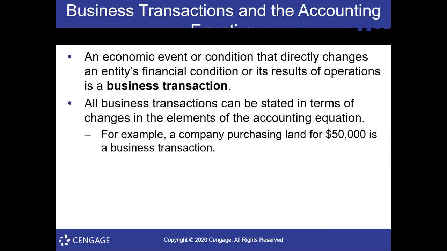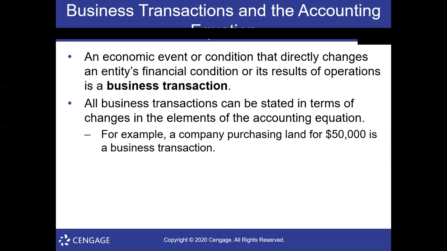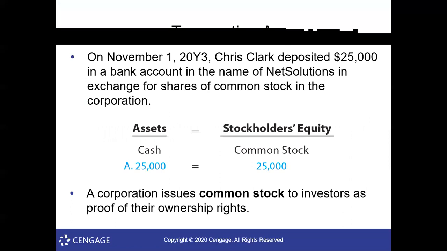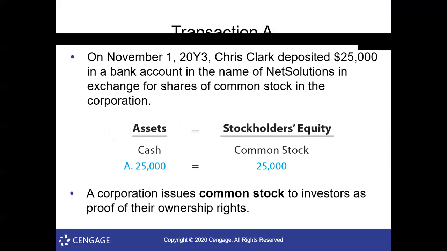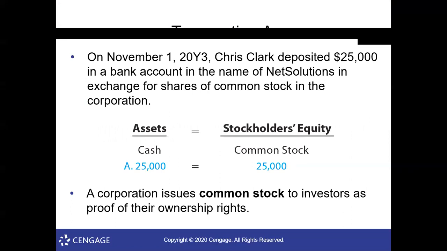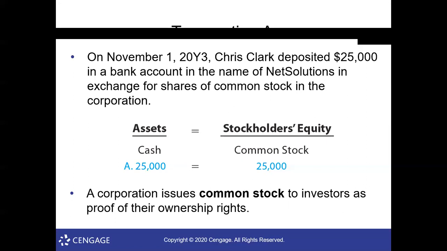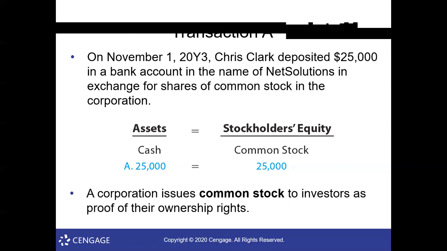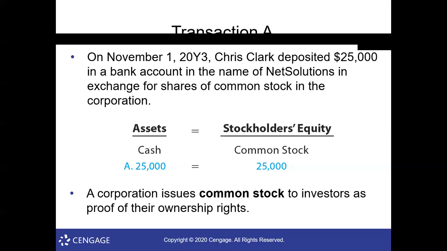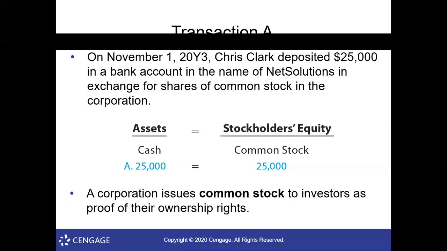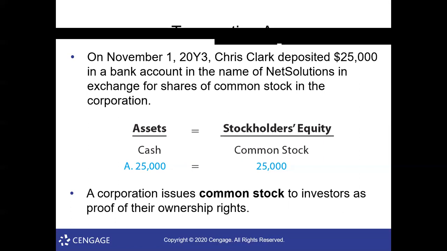So what we do in the accounting equation is we analyze business transactions. A business transaction is one like this. Chris Clark opens up an account in the name of NetSolutions, which he has gone out and incorporated in the state and received a charter, and then has issued and started up this new corporation.